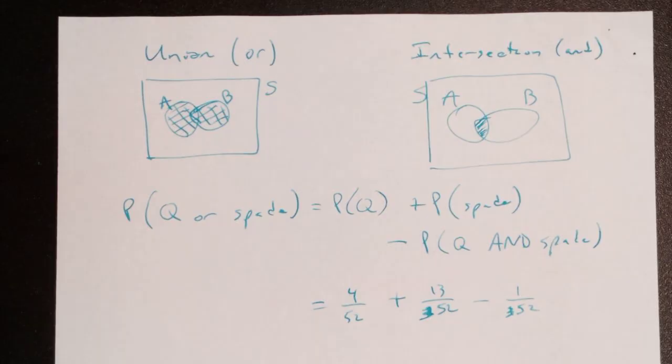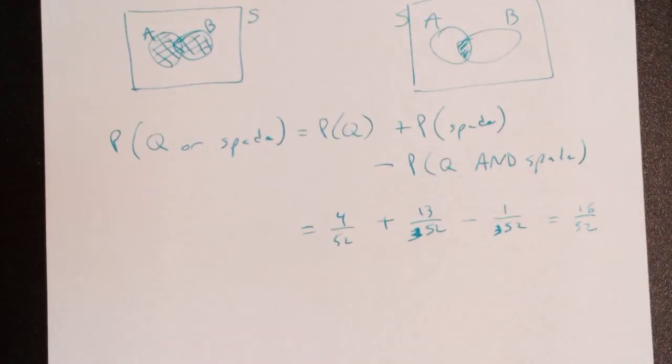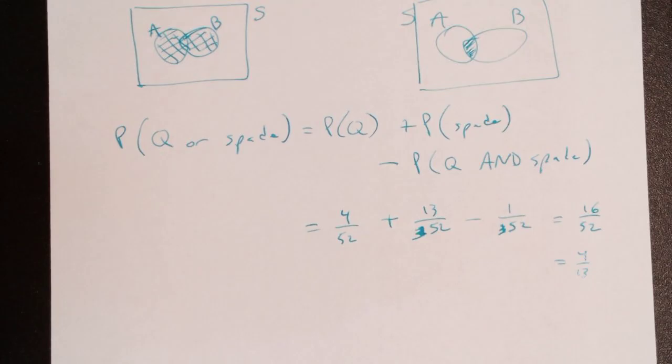Sorry about that. Which means I get 16 out of 52 instead. Which you could, again, simplify the fraction if you want, 4 out of 13, or you could grab your calculator and give me a decimal. I'm perfectly happy with that. If you're going to give me decimals, I'd prefer at least 2 or 3 decimal places, but I'm a geek, I like fractions.